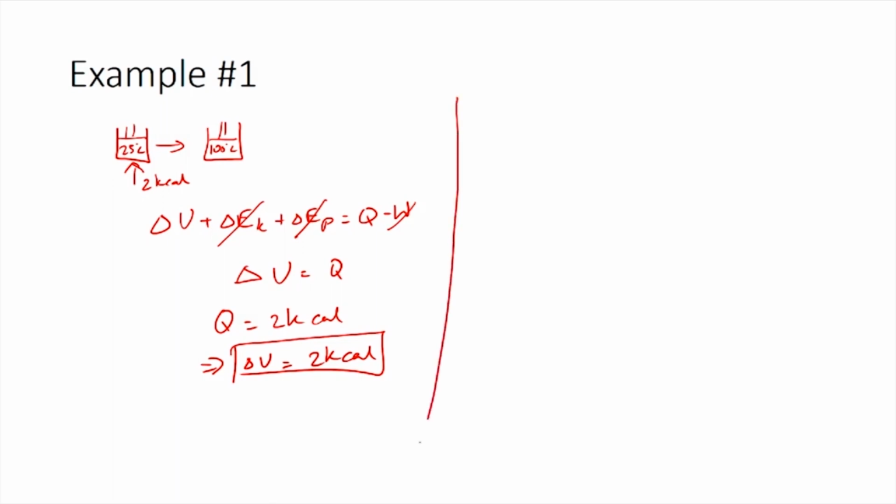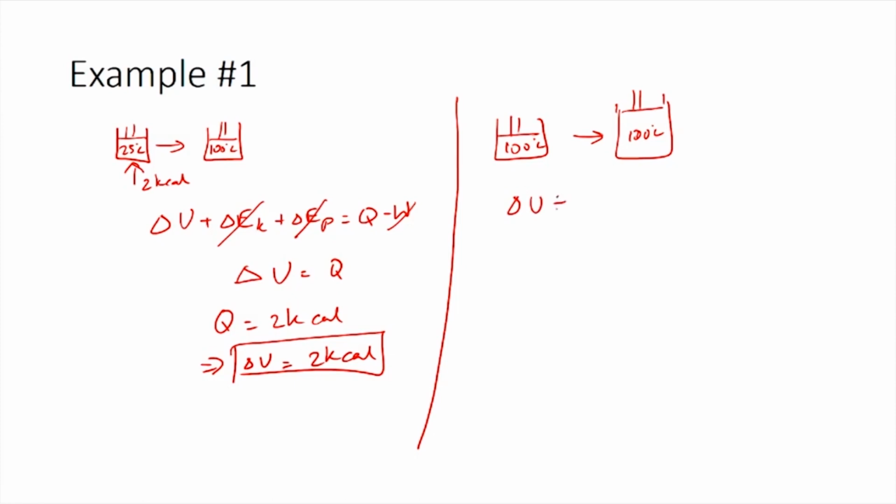Let us look at the second part of the problem where the piston, which is remaining here at 100 degrees Celsius, moves to an increased volume where it is again at 100 degrees Celsius. You have this process which is an isothermal process, and we will have to write the balance for this.